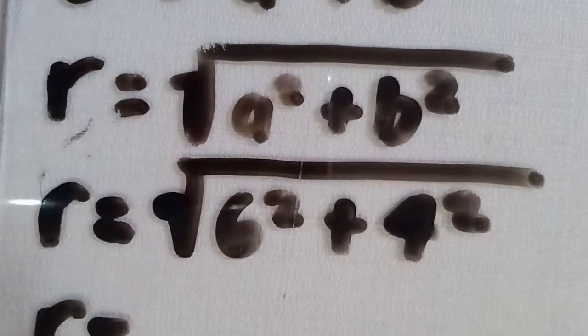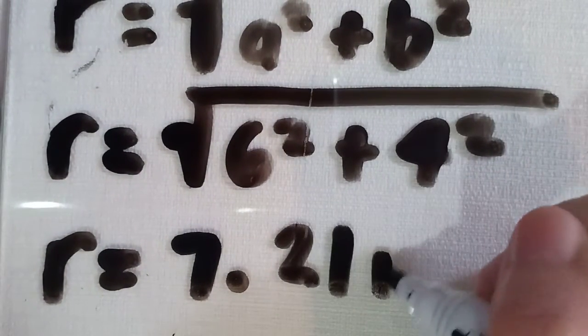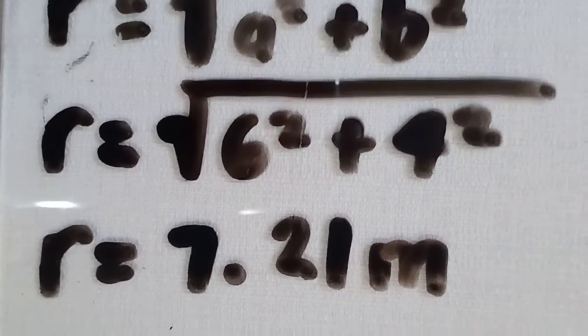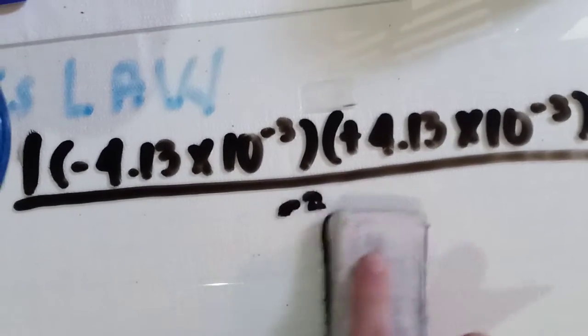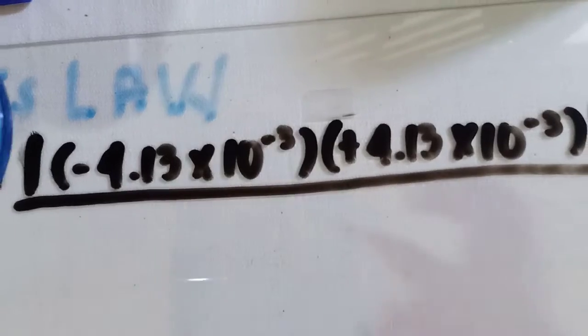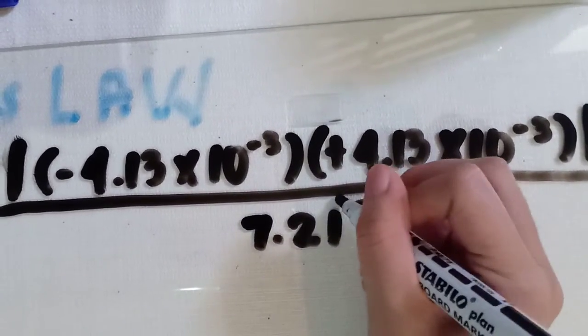The answer is 7.21 meters. So then, we can put it here. So R here then is 7.21 squared.